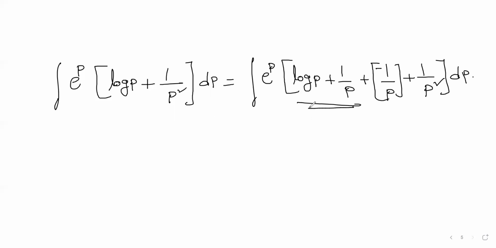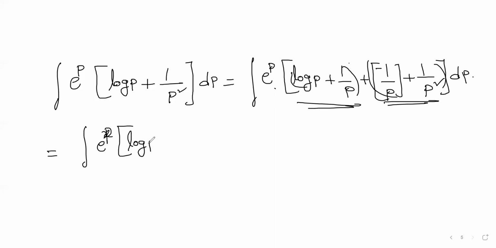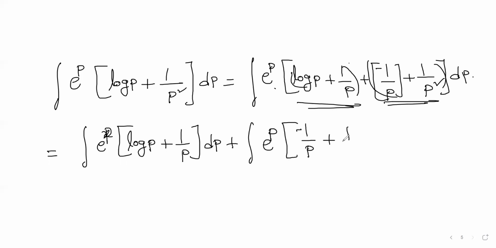Up to this part, I'll multiply with e^p. This is one section of the problem, and this is the other section. So if I multiply the first two terms with e^p, after adding 1/p, you get the integral of e^p (log p + 1/p) dp plus the integral of e^p (-1/p + 1/p^2) dp.